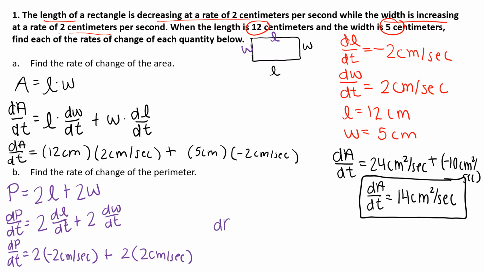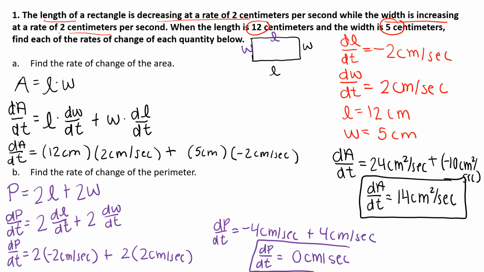So dP/dt is equal to negative 4 centimeters per second plus 4 centimeters per second. So dP/dt, the rate of change of the perimeter, is actually 0 centimeters per second, which, if you think about it, makes sense since our length is decreasing at the same rate as our width is increasing.